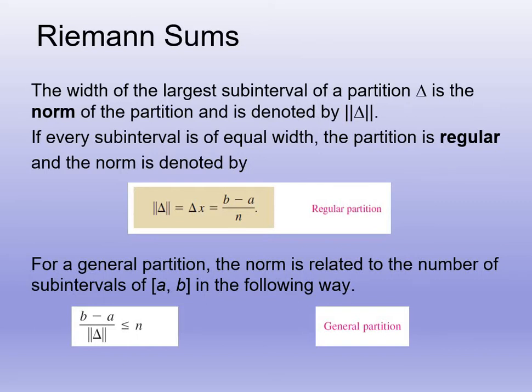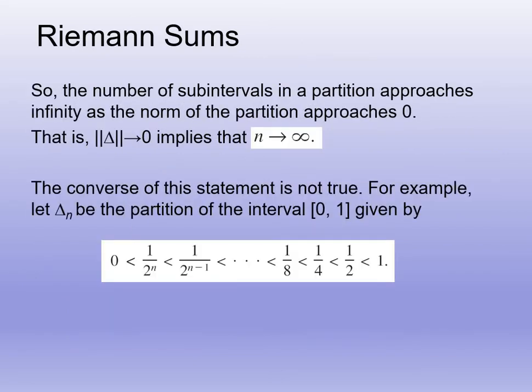Now, if we do a general partition, so maybe they're not all the same, we have b minus a over the norm is less than or equal to n. So if we have a general partition, we'll use that one. If we look at the number of subintervals as it approaches infinity, the norm of the partition equals 0.